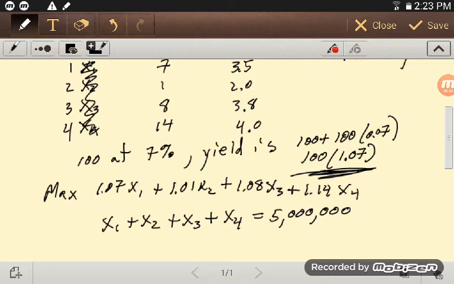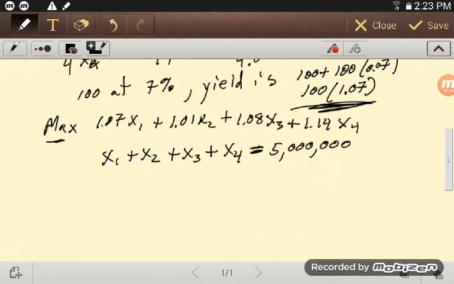Now, I could say greater than or equal to 5 million, except we don't have more than 5 million. Sometimes that would be okay, but since I'm trying to maximize, probably saying greater than or equal to might not be the best idea. So I'm just going to say it has to be equal to 5 million. Okay, so we have that. And I'll go down here and cheat a little bit and say I also know that x1, x2, x3, and x4 all have to be greater than or equal to 0.